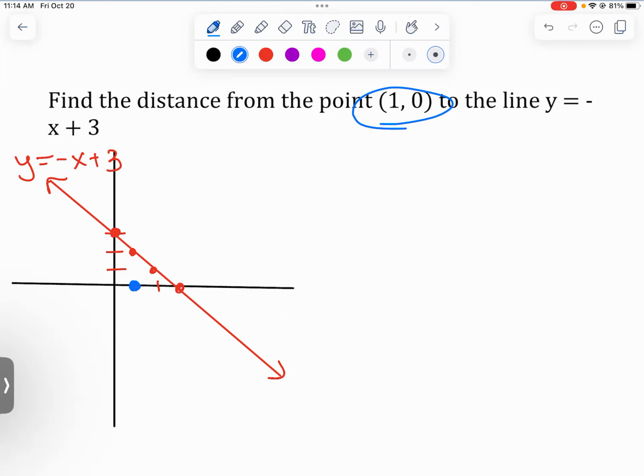Okay, so we know that we need to do the distance formula between 2 points. But how am I going to know what point to pick?